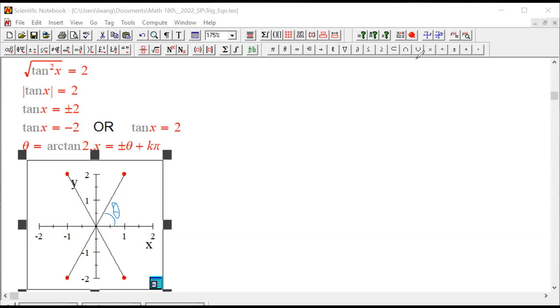You can mark these points if you wish. Mark these points as these. So this blue, let me put the points like this, like these.